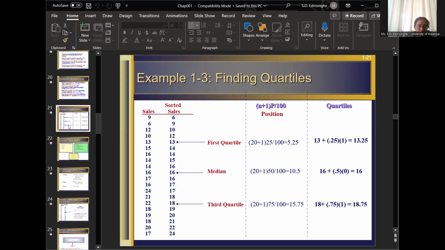If we want to find the 25th percentile, that means the first quartile. If we want the median, that is the second quartile. The third one is our third quartile. Likewise, we will be able to find these things.